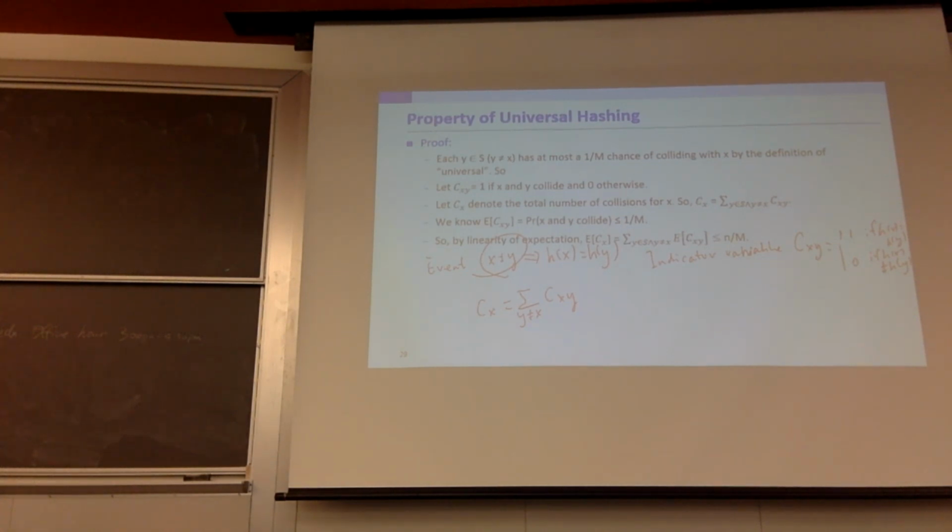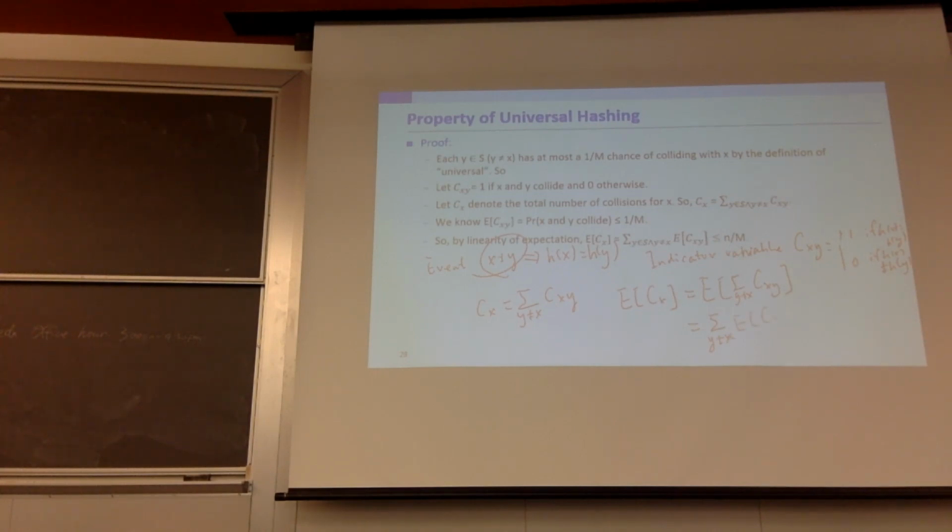The thing we want to compute here is the expectation of C_x. You can plug in the formula: it's summing over everything different than x of C_xy. And then, because of the linearity of expectation, you can pull the sum out of the expectation.